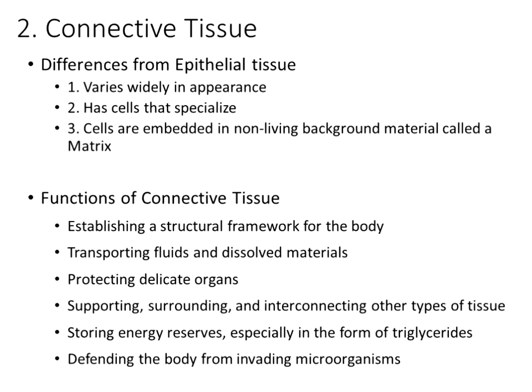So when we look at epithelial versus connective tissue, we see that connective tissue is going to vary largely in appearance, because we're not looking at cells touching uniform-looking cells.